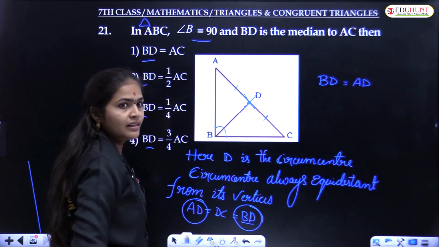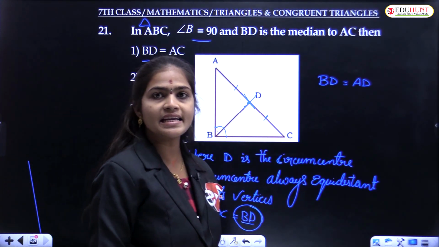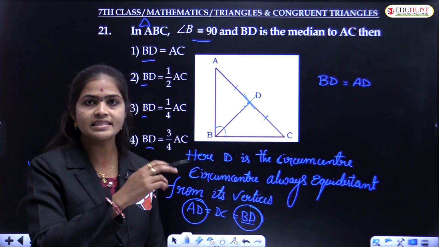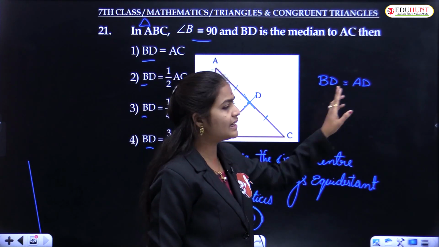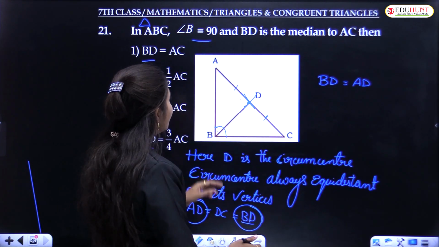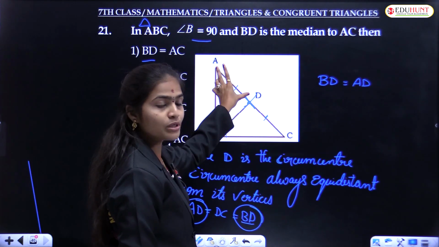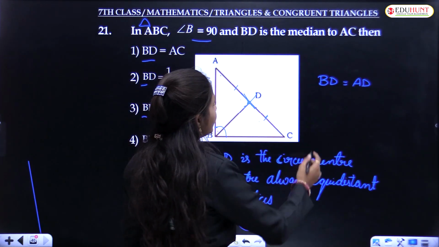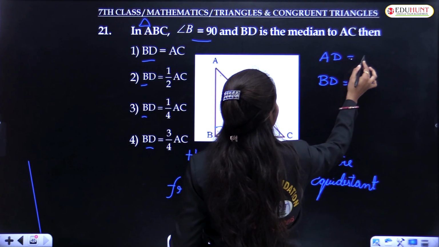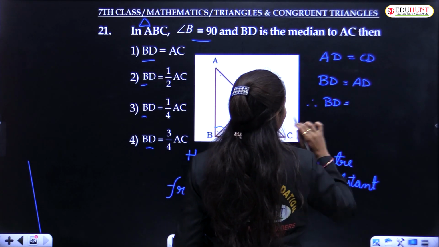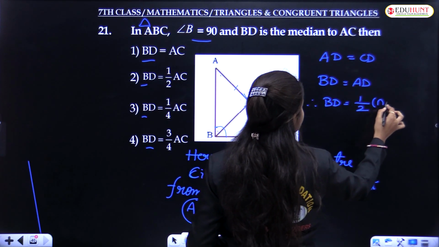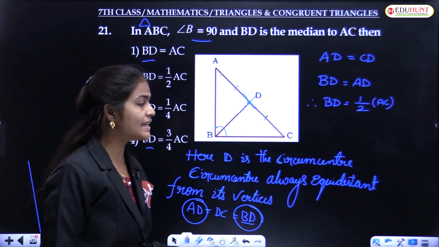Anyway we can write it. So like that, BD is equal to AD. So here AD we can write that actually AD is equal to CD. Therefore here BD is equal to half of AC. Why?